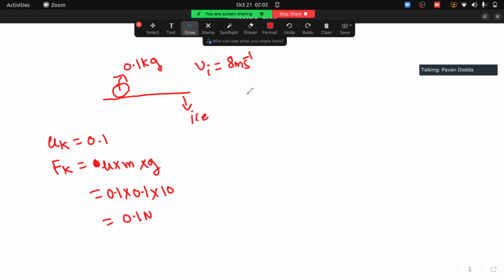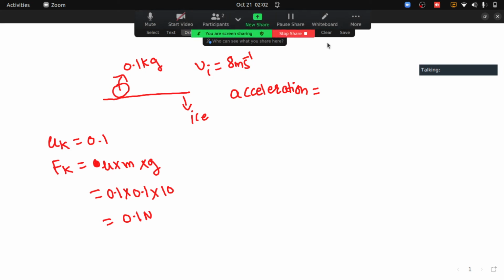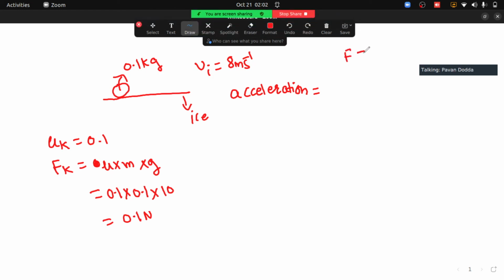But tell me, what is the acceleration? It didn't give us the acceleration, but we can find it using Newton's second law. F equals mass times acceleration.